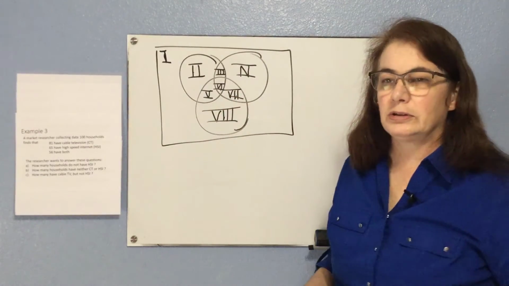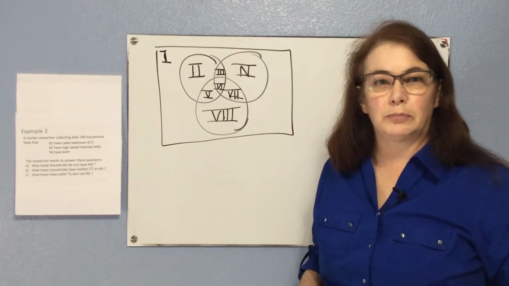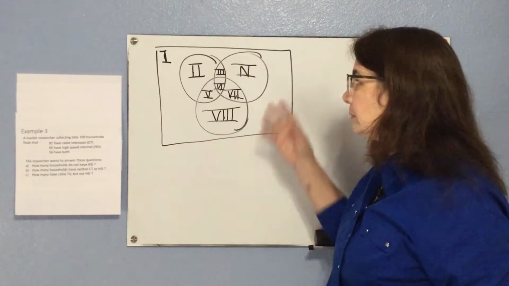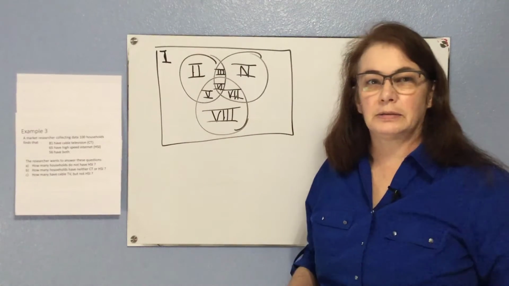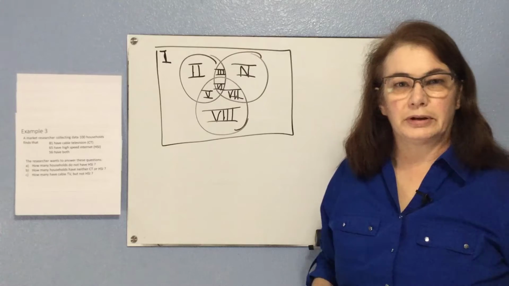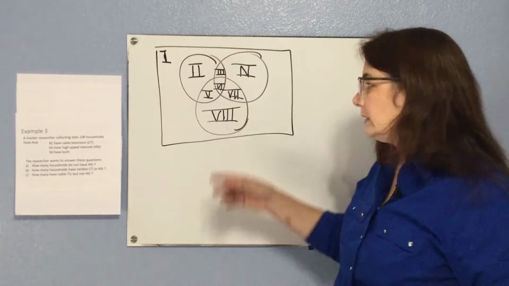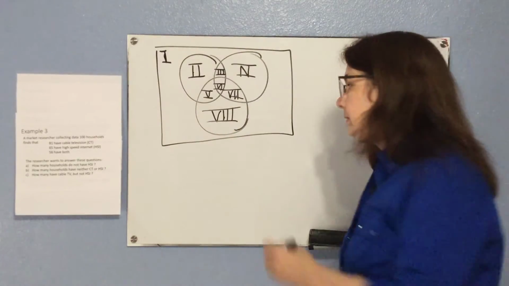The order that you name the regions is not particularly important. Just make sure that every region is numbered. In a setup like this where I have 3 circles that are all intersecting, I'm going to have 8 regions.